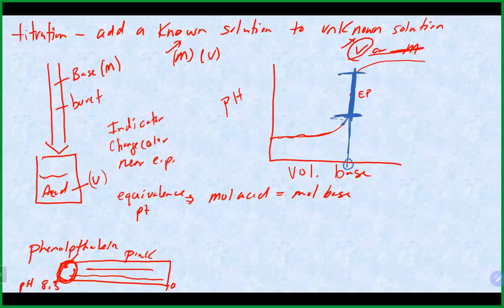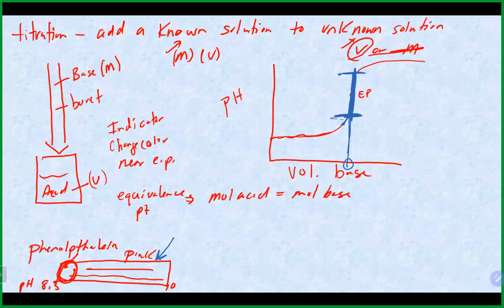So although you may be close to the equivalence point, when you add that 1 drop or 2 drops, it will change the pH a lot, which means in terms of my indicator, I may find myself way over here in the indicator range, which will give you that lovely dark pink color.